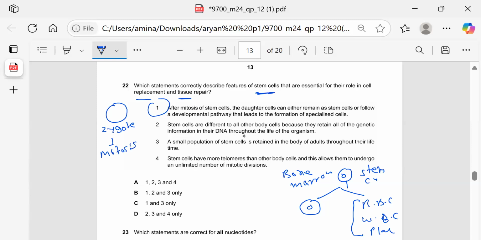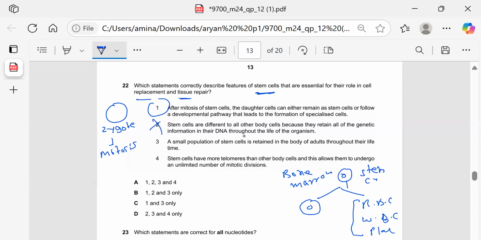So whichever cell I pick up from your body, either a lung cell, or a heart cell, or a stem cell, the genetic material is going to be identical. There will be no change in the genetic material. Each and every cell of you, except a few exceptions like red blood cells, has this genetic material. So 2 will become wrong.